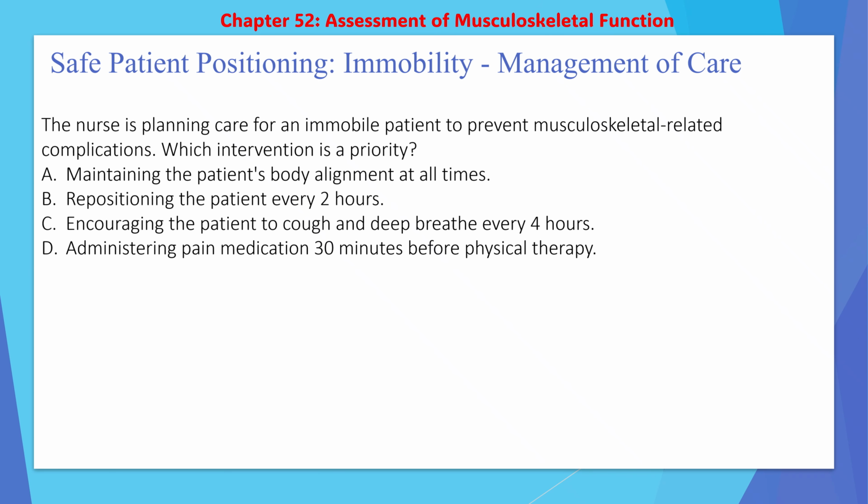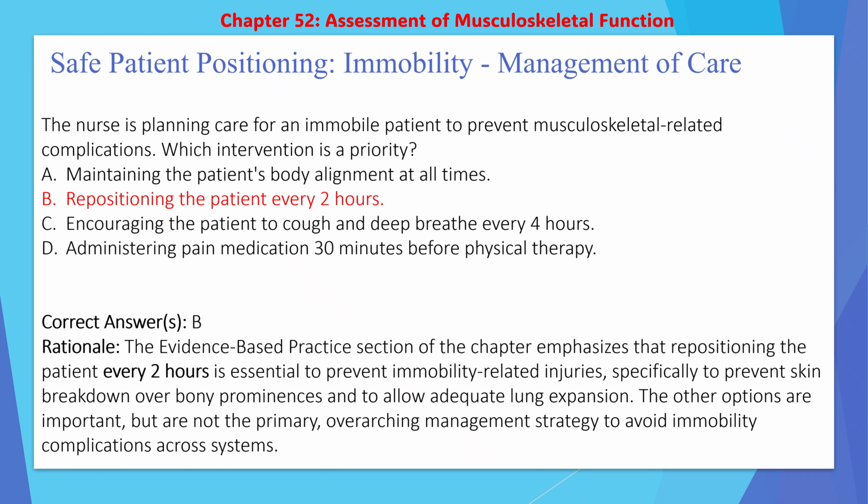Maintaining the patient's body alignment at all times, repositioning the patient every 2 hours, encouraging the patient to cough and deep breathe every 4 hours, or administering pain medication 30 minutes before physical therapy. The correct answer is repositioning the patient every 2 hours.